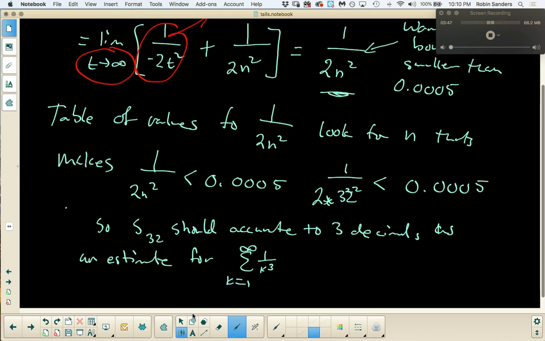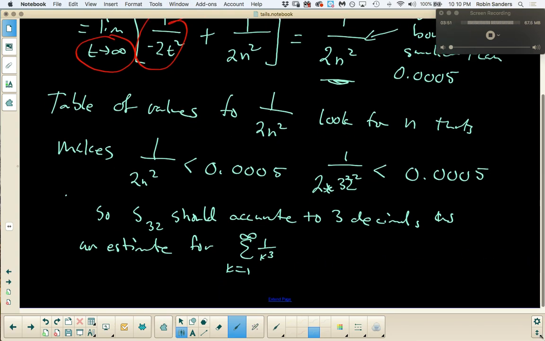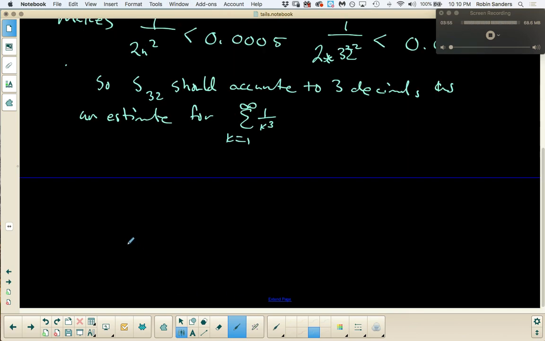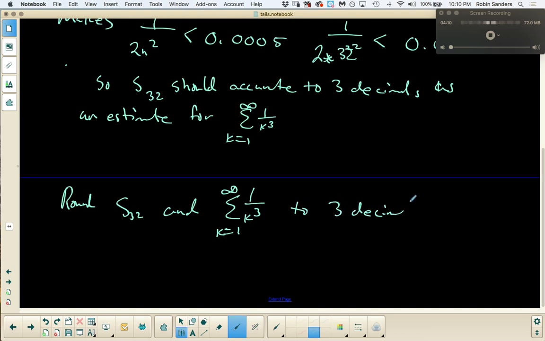In other words, what I want to be thinking about is that if I round S32 and I round the p-series itself to 3 decimals, they should be the same thing.